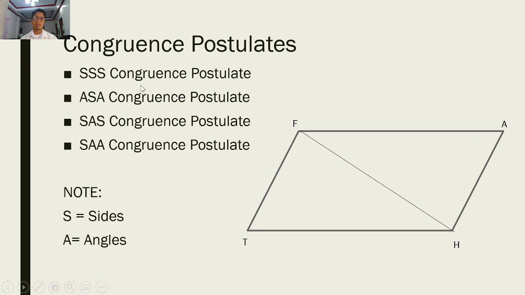So yun yung SSS. Pag sinabing ASA, balikan ko lang, ito sunod-sunod angle dito, katumbas ng angle dito sa kabila. Angle dito, katumbas ng angle dito sa kabila. And then, itong side na to, katumbas sa sarili niya. So, angle, side, angle. Doon yung ASA. Magkakasunod. Okay? How about SAS? Side, angle, side. So, magkakasunod po ang ibig sabihin niya. Huwag po sanang kalimutan.